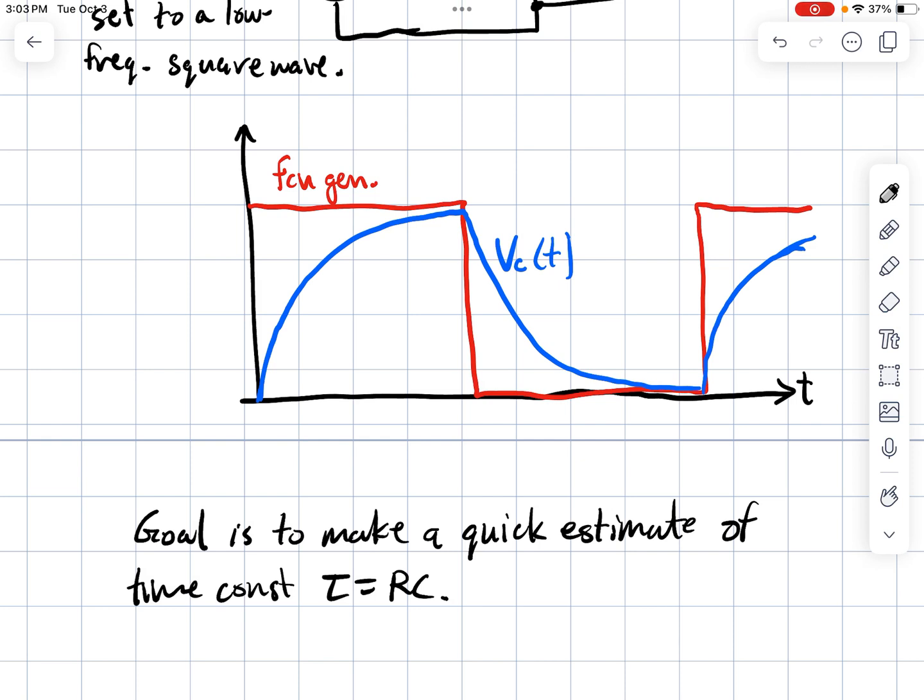R is going to have 5% uncertainty, and C we'll probably assume a 10% uncertainty. And so you want to see if your experimentally measured value is in agreement with what you expect.